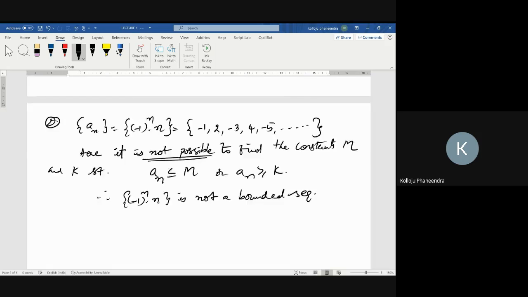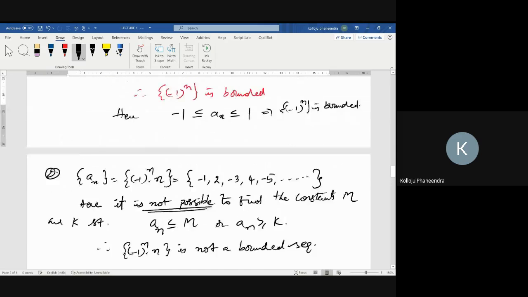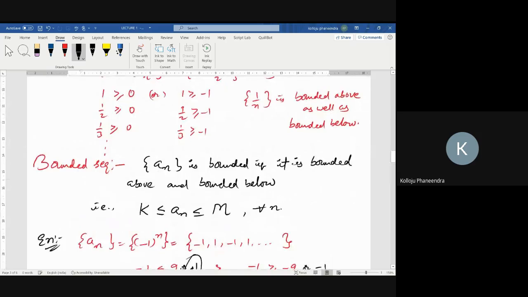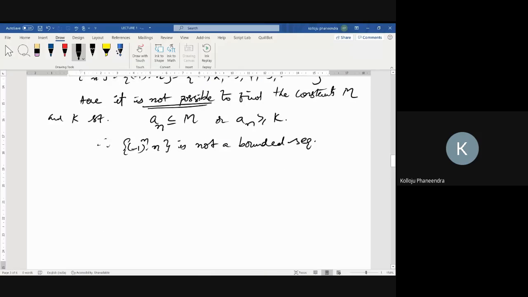Okay, this is about boundedness of a sequence: bounded above, bounded below, and bounded sequence, and some examples.